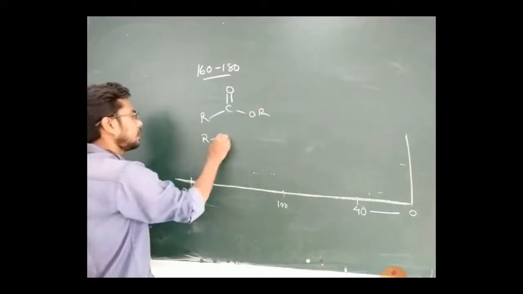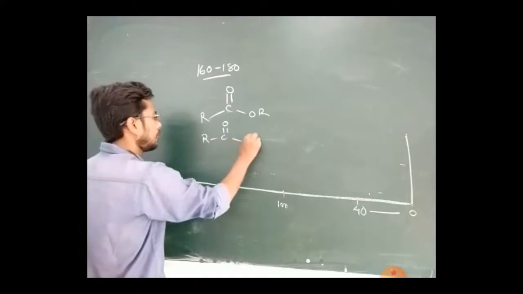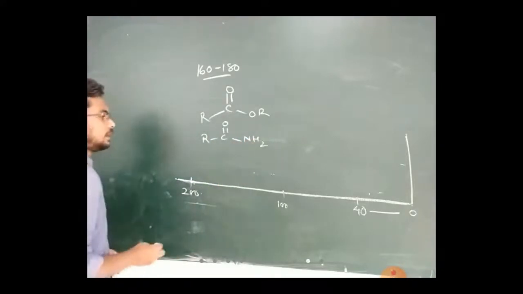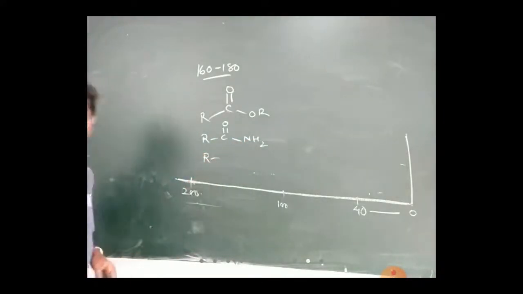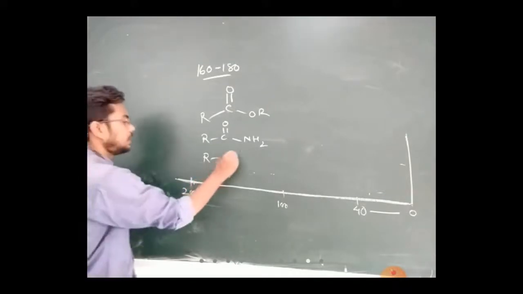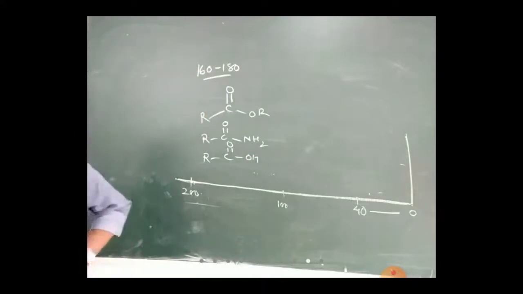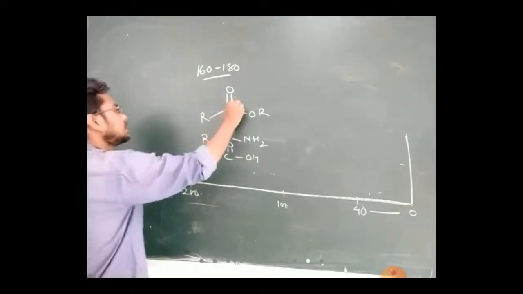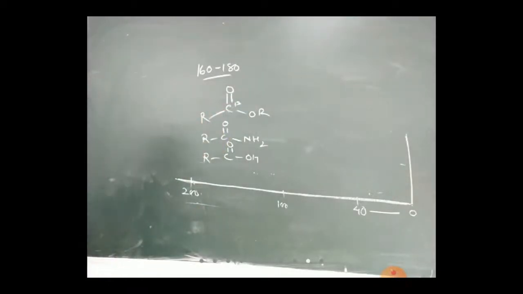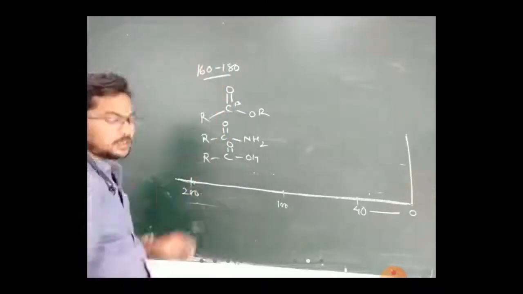Then you have R C double bond O, amides, and then you have acids also, R C double bond O OH. So this 160 to 180 range is very important. Here you will get the carbon 13 peak, because this carbon can also be carbon 13. So they will appear in this particular range.